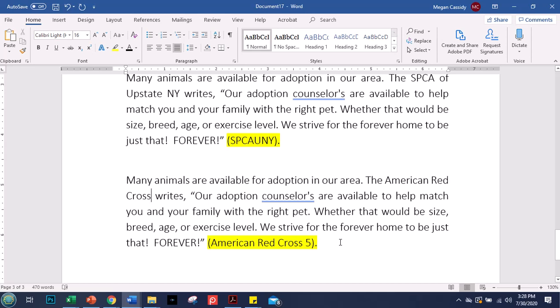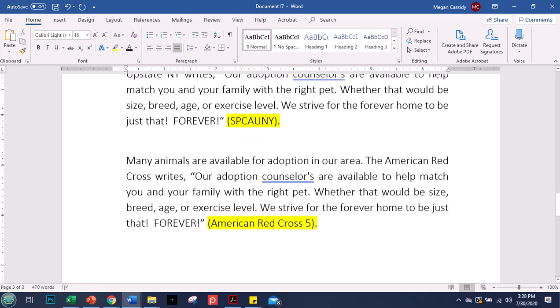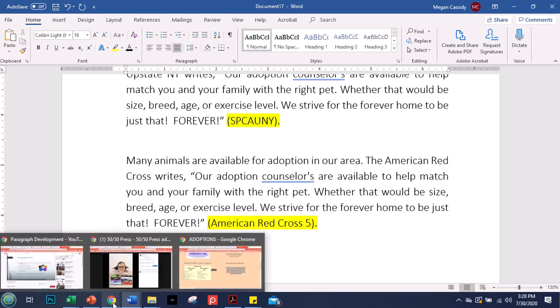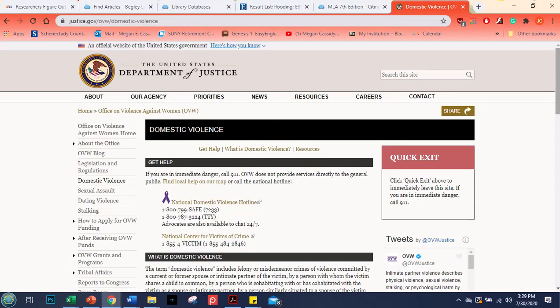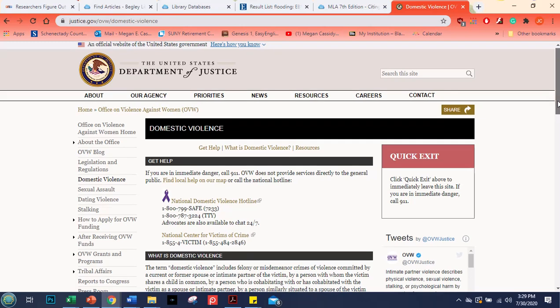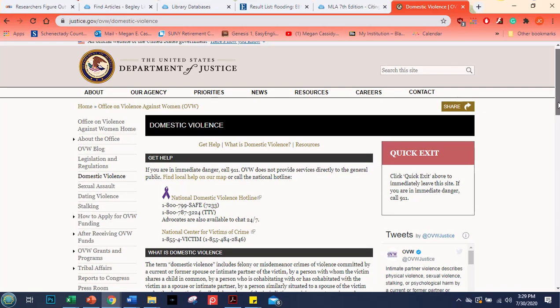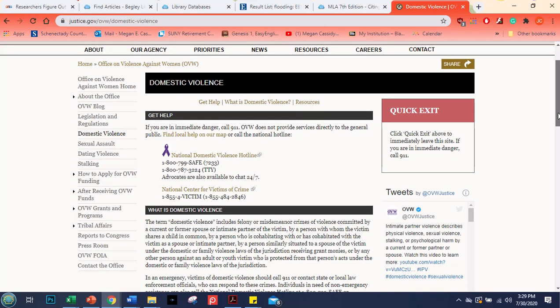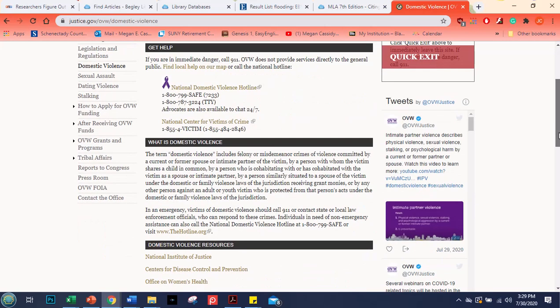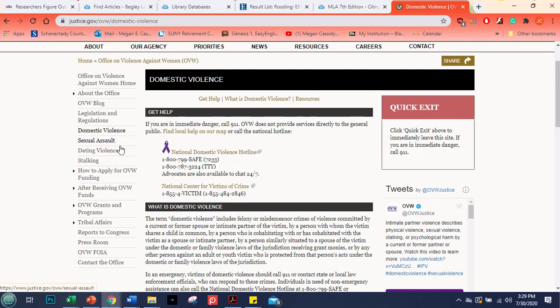Another example is something from the government, a government agency. Okay, so this is a website for the United States Department of Justice, about getting help if you're in a domestic violence situation. They also have things about sexual assault, dating violence, stalking, and numbers that you can call.